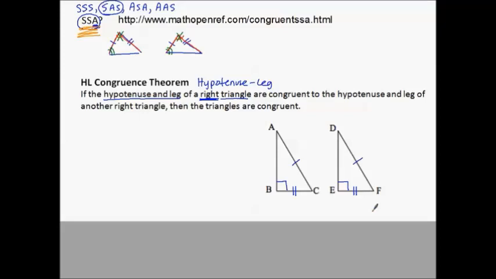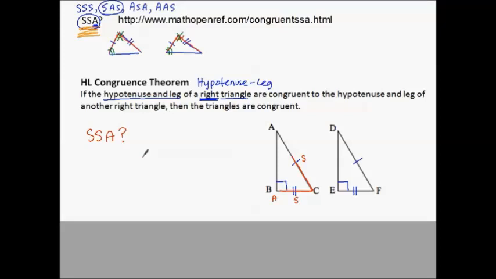Well, if you're looking at this and you think about what we just talked about with SSA, you might be asking yourself, well, here's a side, and here's a side that have marks, and here's the included angle. This angle that has an angle mark is not included. So isn't this a case of side-side-angle? Isn't this the bad word that we're never supposed to use?